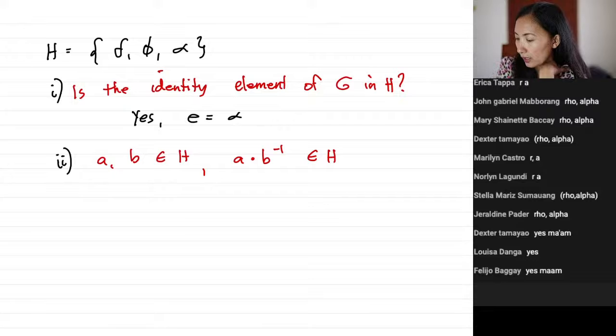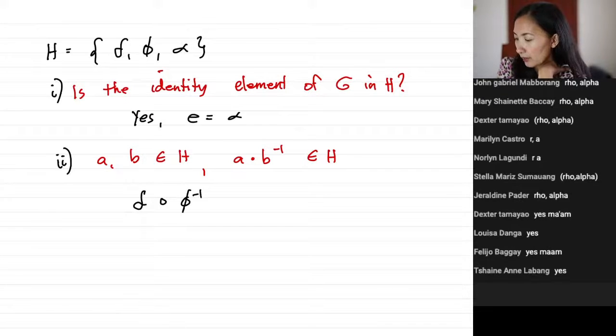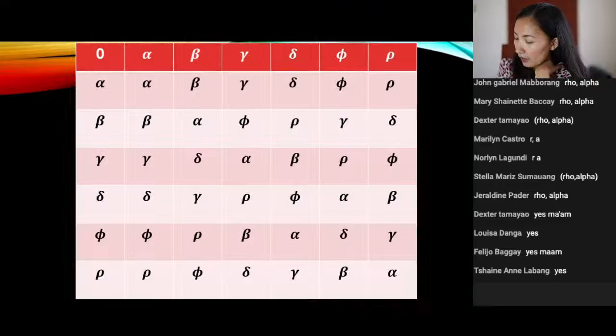Is delta circle phi inverse an element of H? What is phi inverse? Let's go back to the table. Remember that our identity element is alpha. When we ask about the inverse, look in the table for where the answer is alpha.